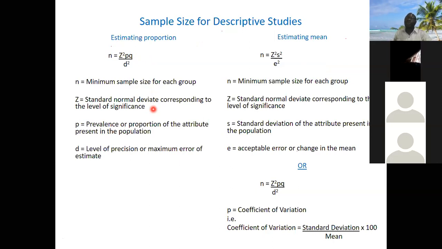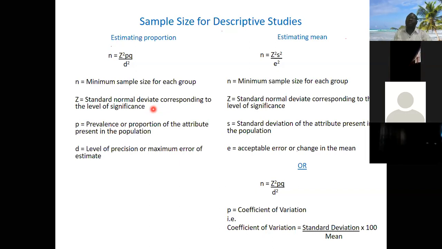We discussed it when we were talking about probability and normal distribution. We have already established that in normal distribution, the middle between -1 and +1 standard deviation, 68% of the observations lie. Between -2 and +2, 95.4% lie.